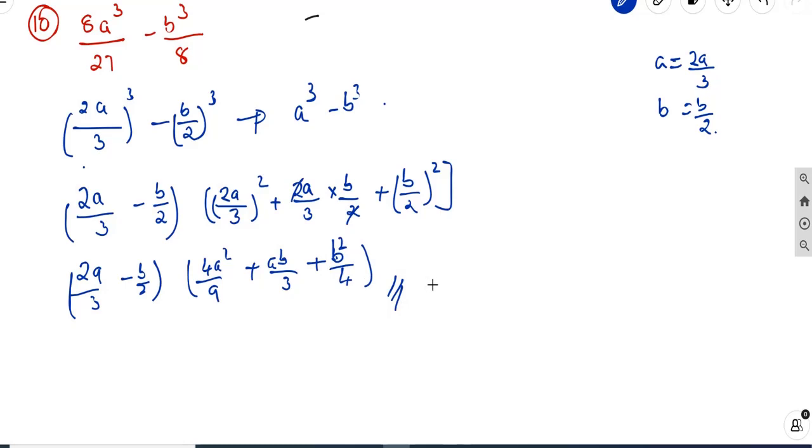Problem number 11: a to the power of 6 minus b to the power of 6. Can we take anything common? No. We have to put it in the form of a cube minus b cube. So I can rewrite this as a square to the power of 3 minus b square to the power of 3.